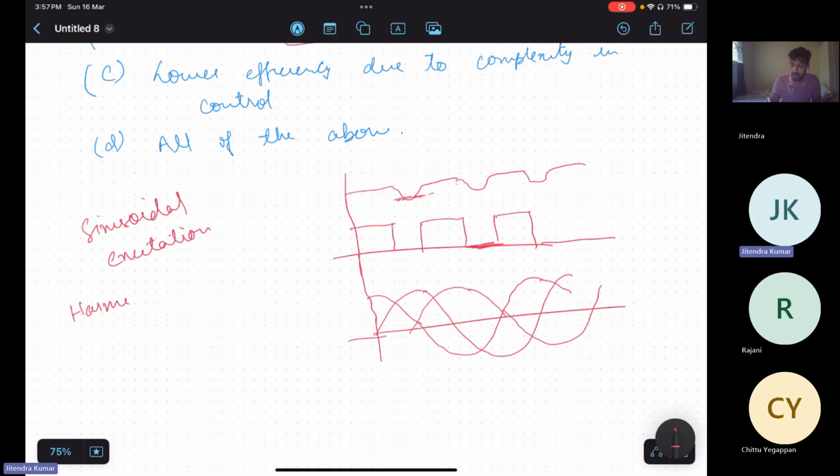To eliminate harmonics, torque ripple is very low compared to trapezoidal excitation, right? Let's suppose you have purchased a motor, and you have two options. Trapezoidal excitation is generally called BLDC, and sinusoidal excitation is called PMSM.